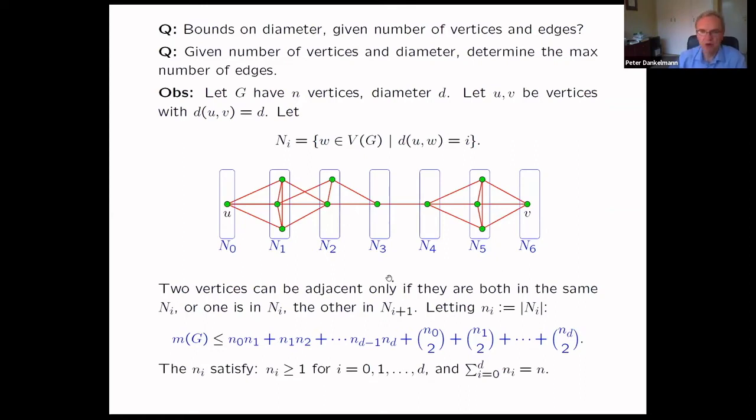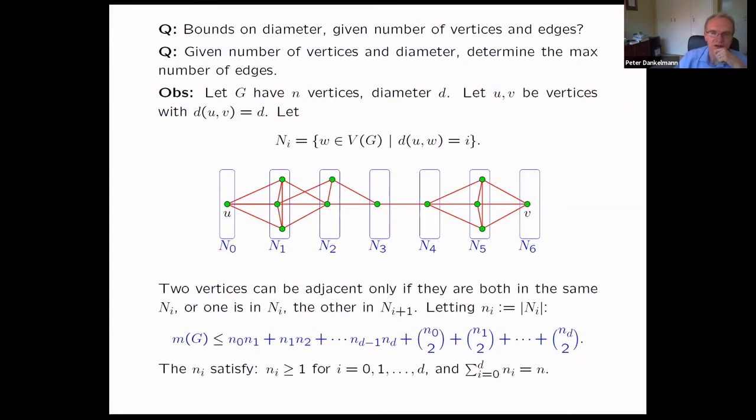So now the key observation is that edges in this graph cannot just be anywhere. They cannot join any two vertices. So for example, there cannot be an edge joining vertex u to a vertex in n2, because then we would get in one step from u to a vertex in n2, and then in d minus two further steps, we would be able to get to nd.